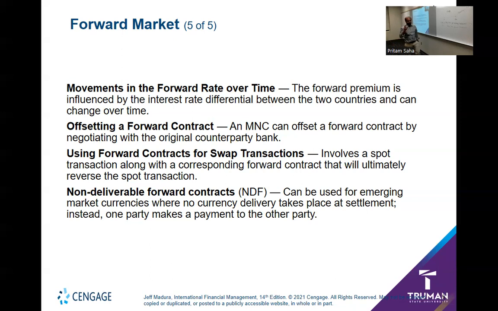Sometimes, for trading or speculation reasons, MNCs make a contract today, agree on a forward price, and at expiration they don't accept the delivery, rather they net out with the spot rate.